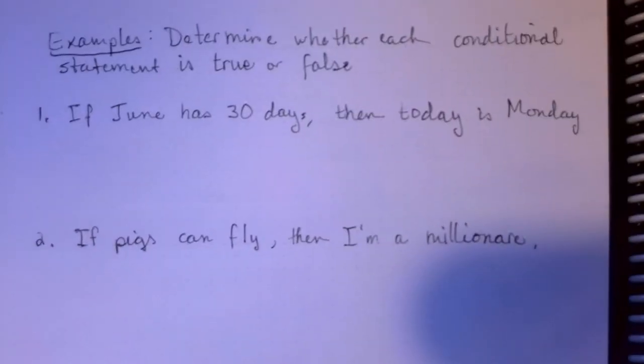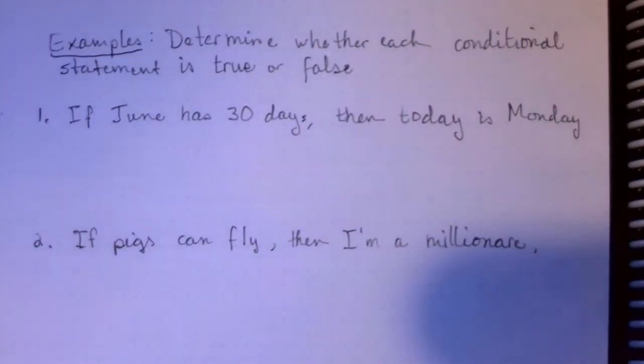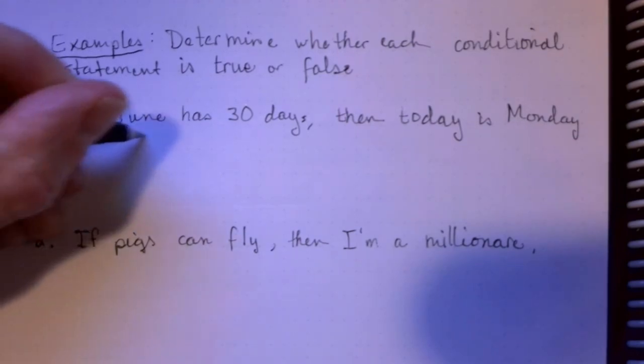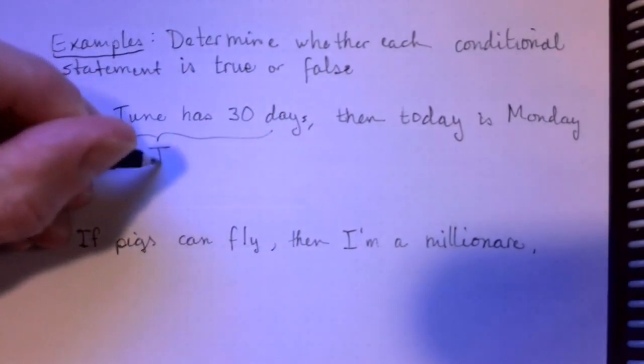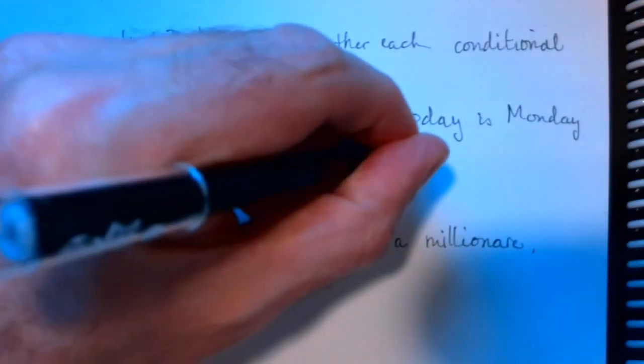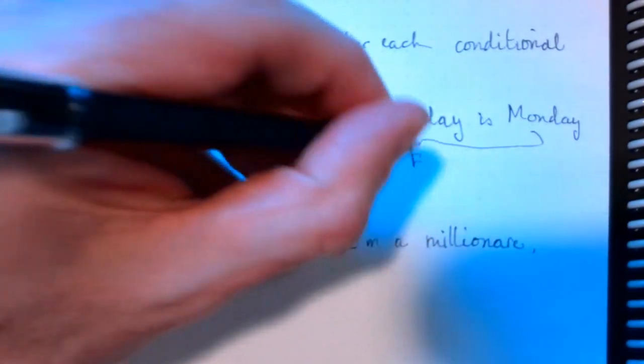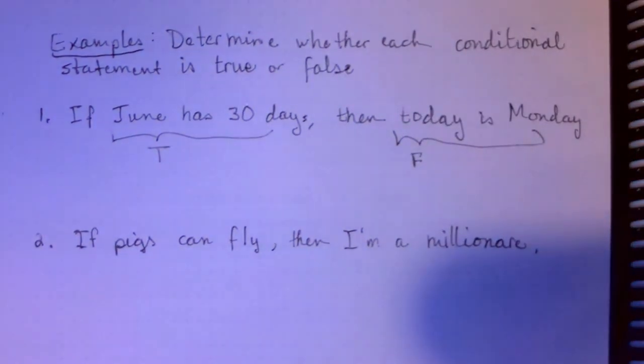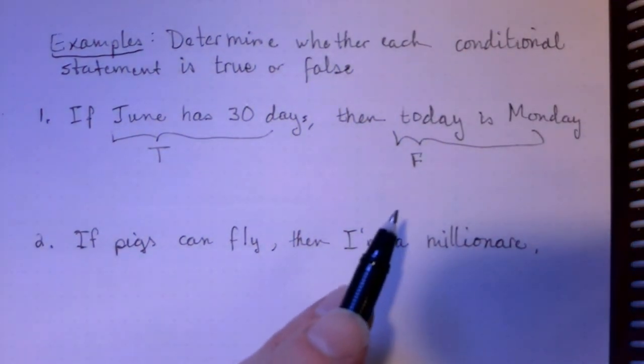Okay, so let's look at a few examples. If June has 30 days, then today is Monday. The antecedent is true. The consequent is false. When I produced this video, it was Wednesday.